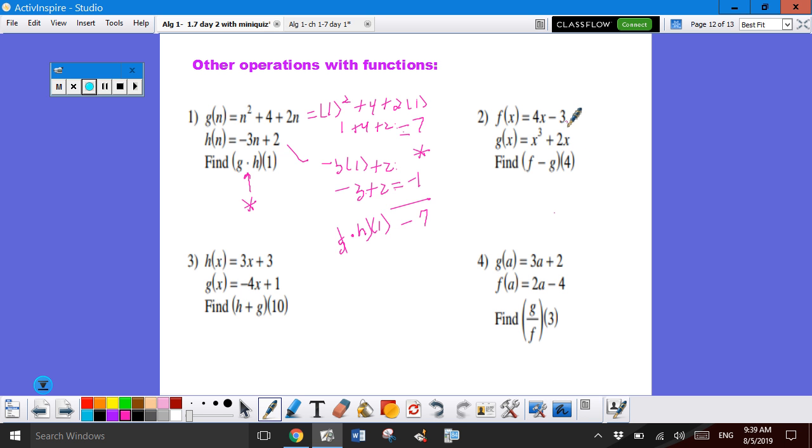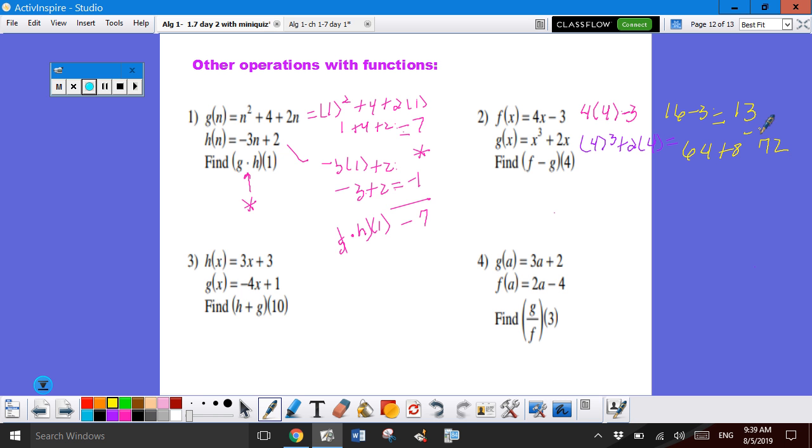If I substitute in a 4, and remember we're subtracting here, so we have to come up with both answers and subtract. So 4 times 4 minus 3, that's 16. 16 minus 3 is going to give me 13. If I substitute in the 4 here, 4 cubed is going to give me 64 plus 8. So 64 plus 8 is 72.